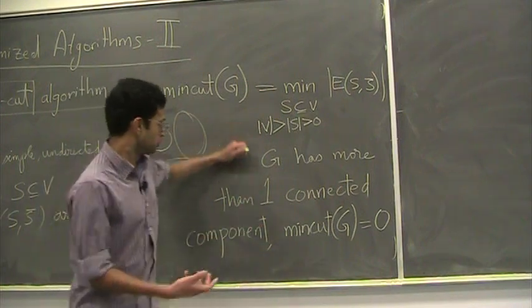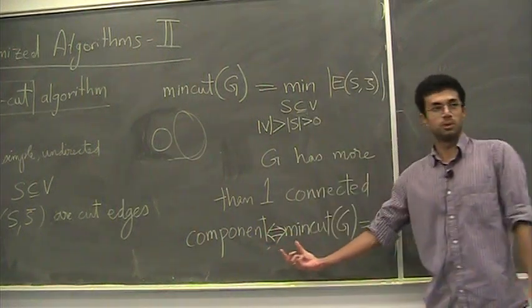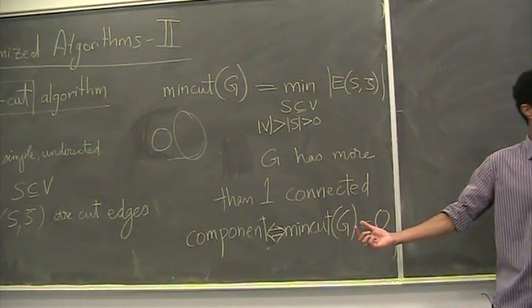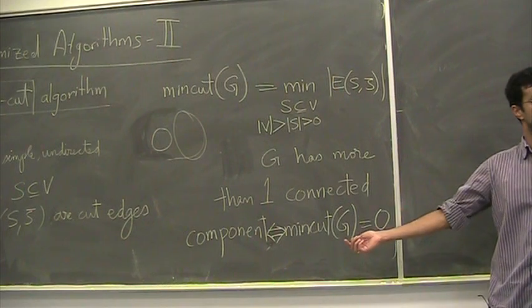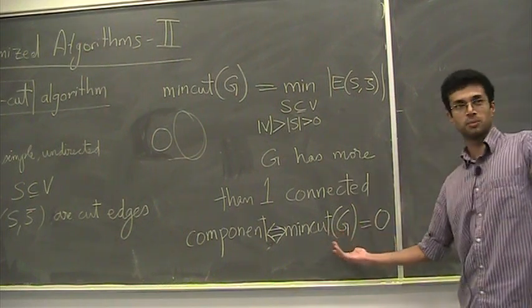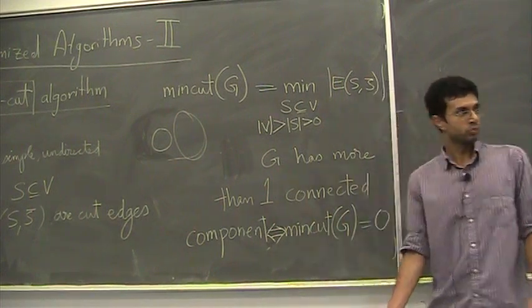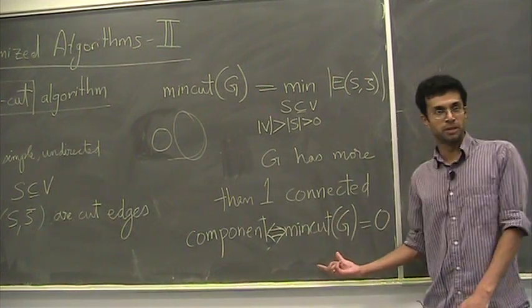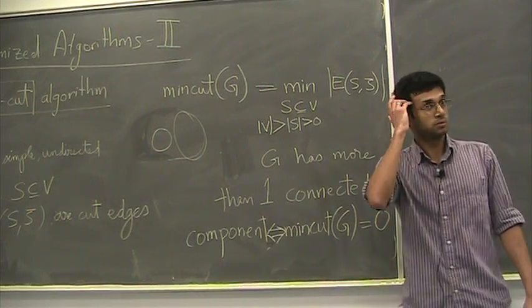So I could put my double arrow sign there. Does that make sense? So there is a linear time algorithm that tells you if the min cut is 0: BFS, DFS, whatever.